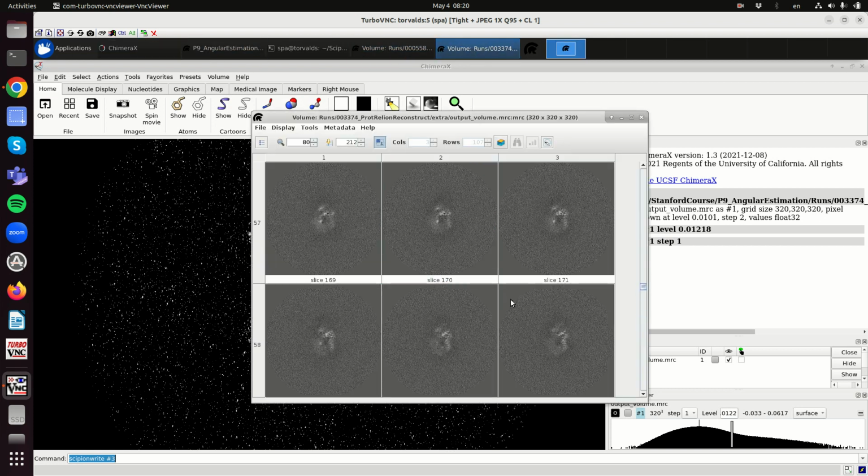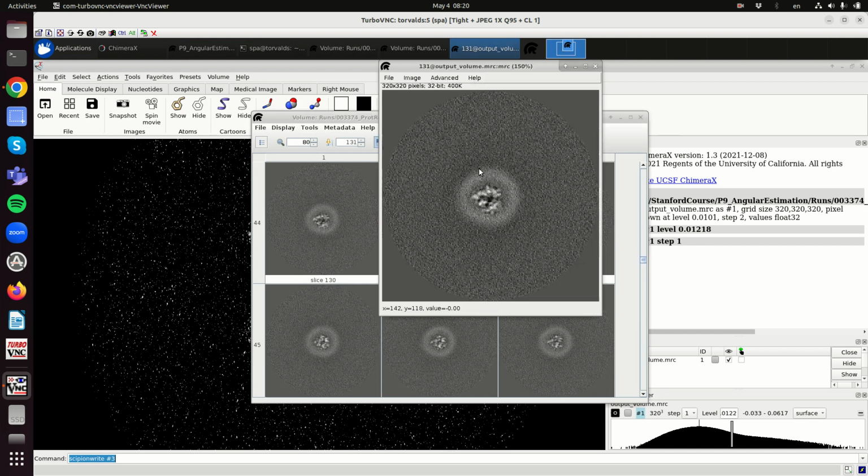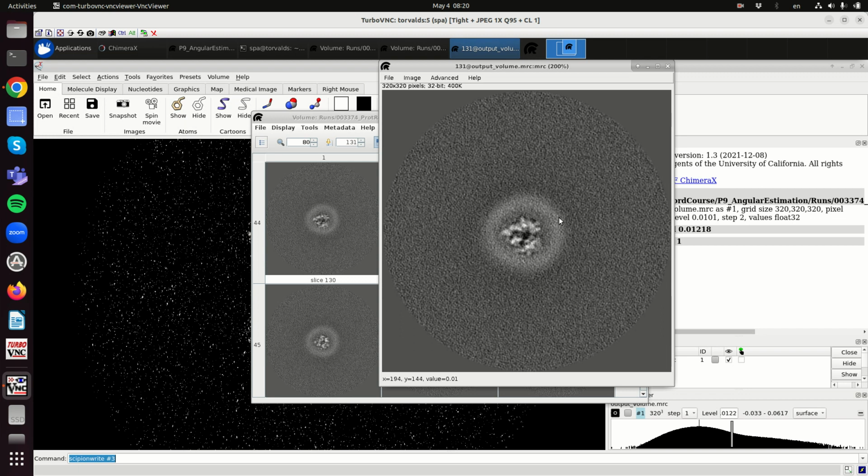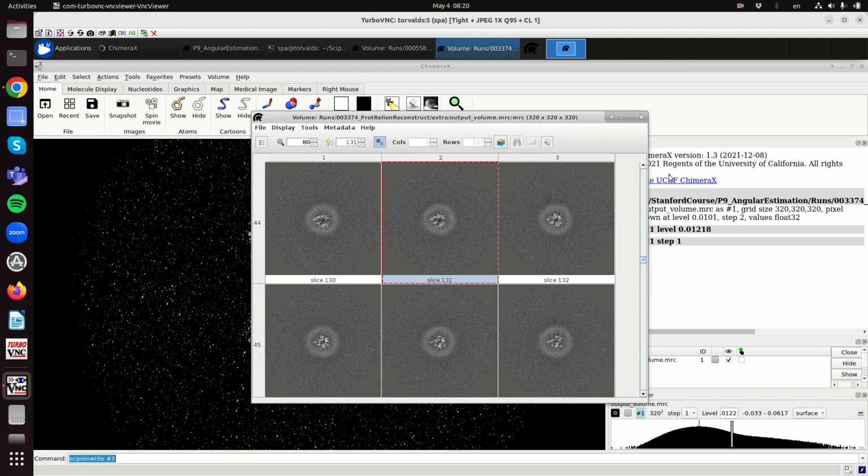You see it here. So this is the membrane, the part of the membrane that they kept with the particle so that the transmembrane region could be preserved. Okay, so here we have our structure.